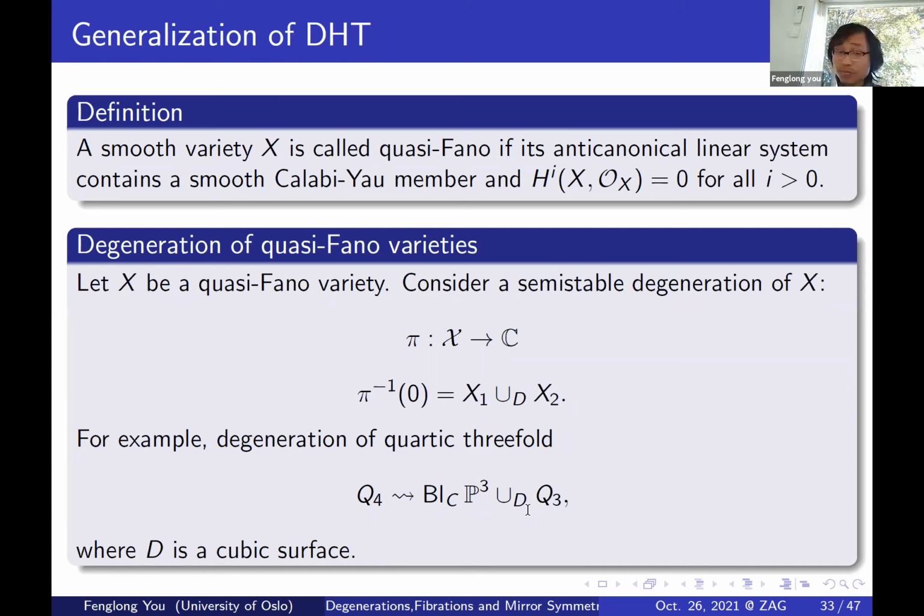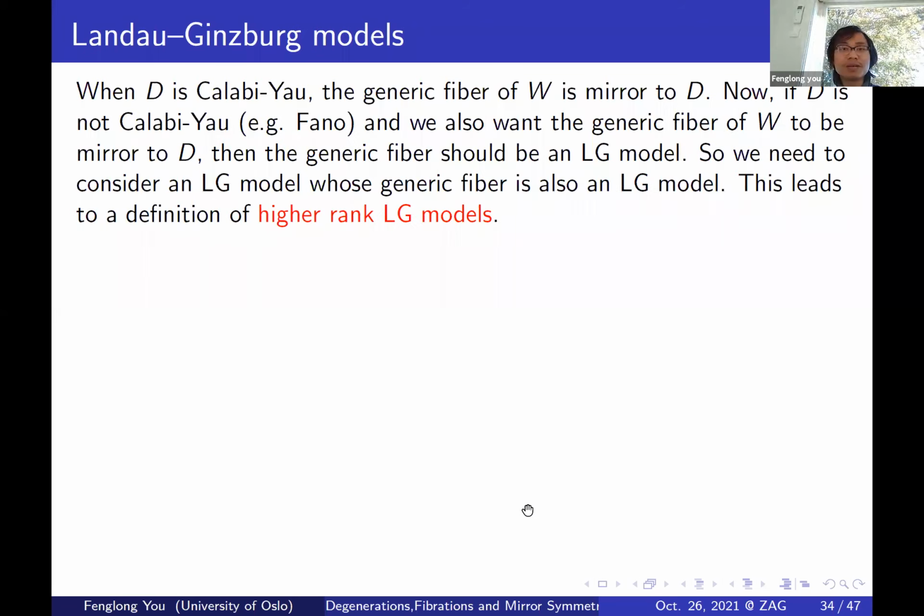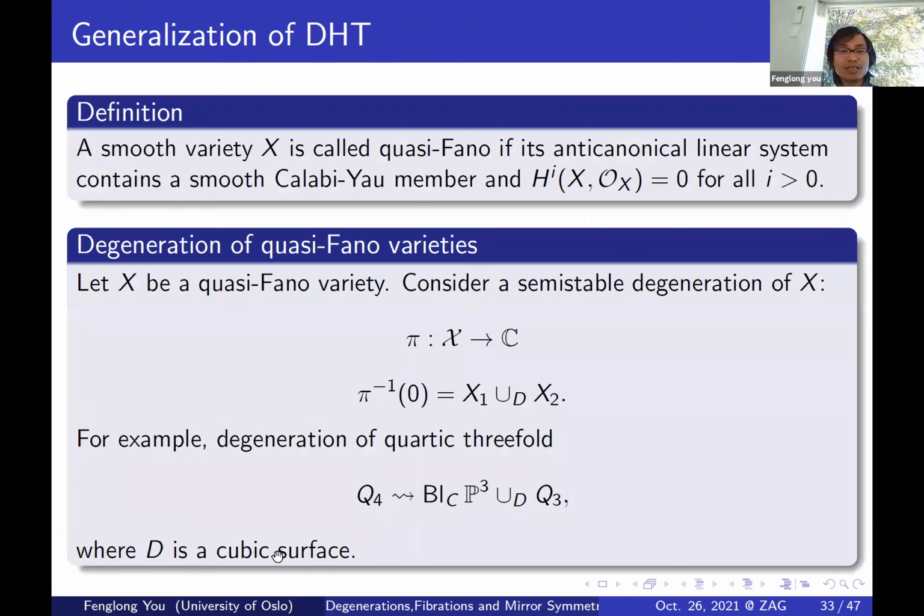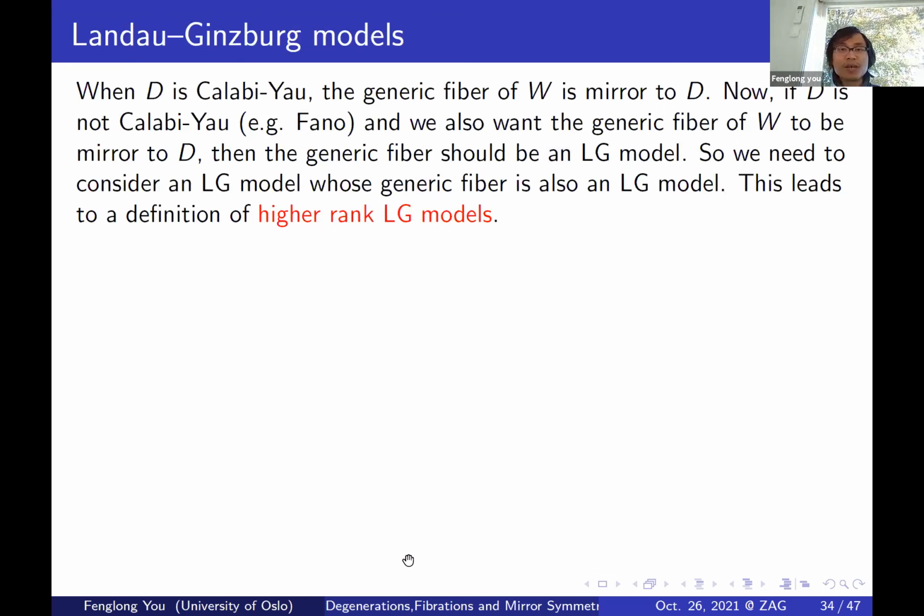And for this, we can consider its mirror. So what's the mirror story of this degeneration? In this case, D is a cubic surface, which is not a Calabi-Yau.